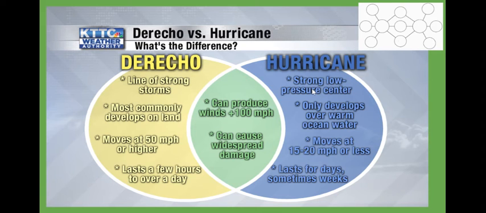Or a hurricane: a strong low pressure center that only develops over warm ocean water, moves at 15 to 20 miles per hour or less, and lasts for days, sometimes weeks.